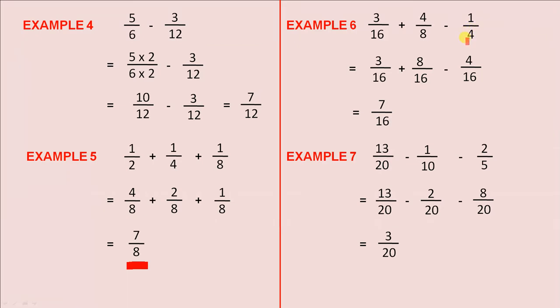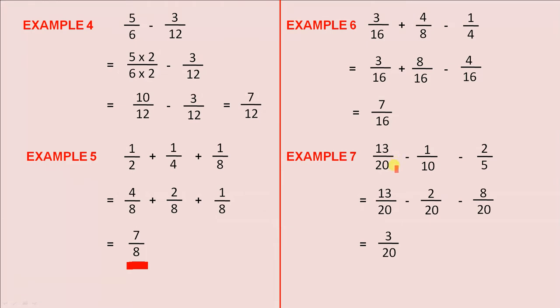To make this denominator here a 16, multiply top and bottom by 4. That gives us 4 over 16. So that's our new sum. 3 plus 8 is 11. 11 take away 4 is 7. So that gives you 7 over 16.